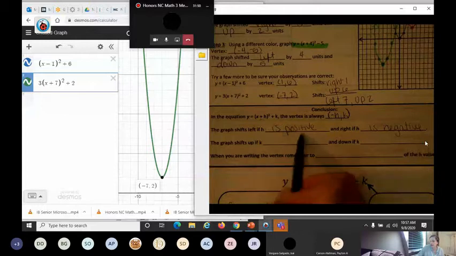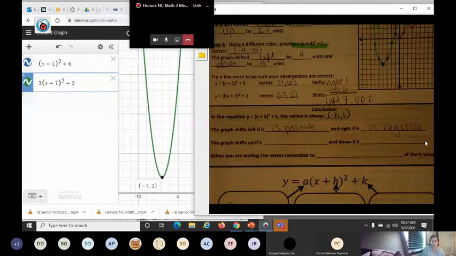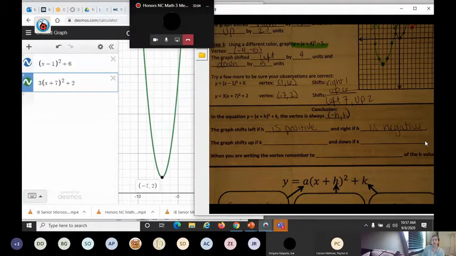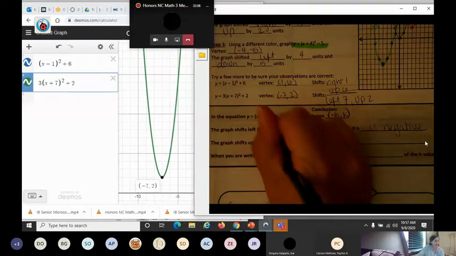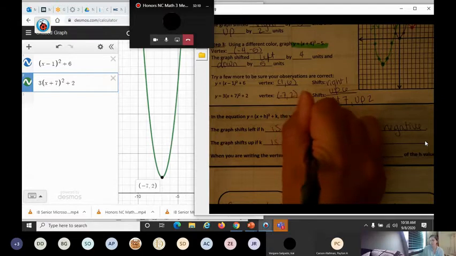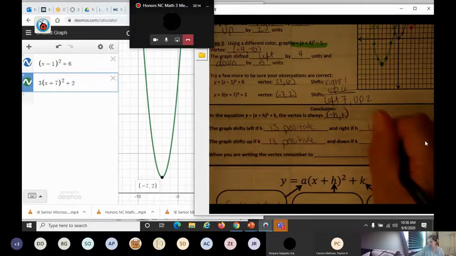If I have a plus sign, it will shift to the left. So it does the opposite of what you think it should do. Then it says the graph shifts up if k is positive, and the graph will shift down if k is negative.